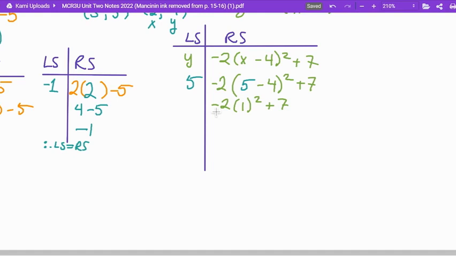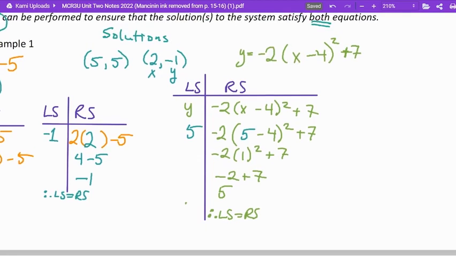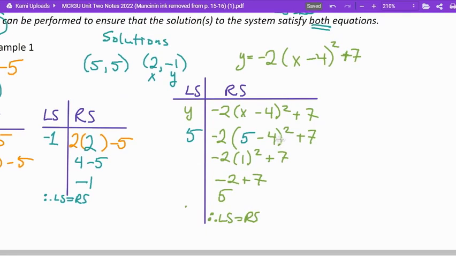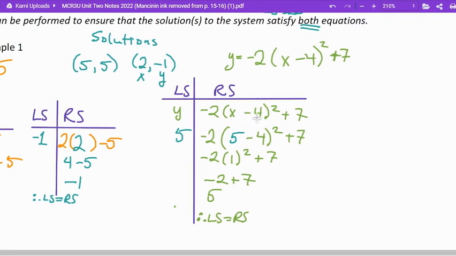So why don't I go to multiply? -2 times 1, -2 plus 7. -2 plus 7 is +5. Hooray! I can say, therefore, left side equals right side. Great. So 5 lies on both functions and satisfies both equations.